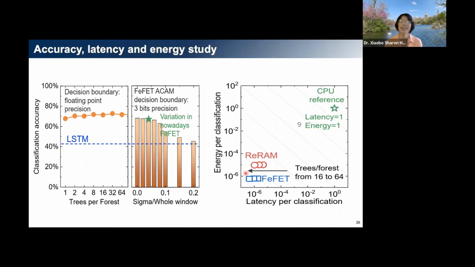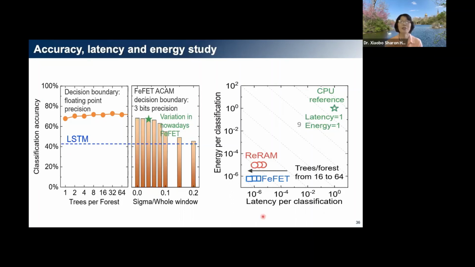Now, for TCAMs, yes, it is possible to use CMOS to compare. And in general, the conclusion would be CMOS will be a little faster. In terms of search, the energy could be similar if we only consider active search. If we consider standby power, then these non-volatile memories can also outperform because they have very low leakage. I hope I answered that question.